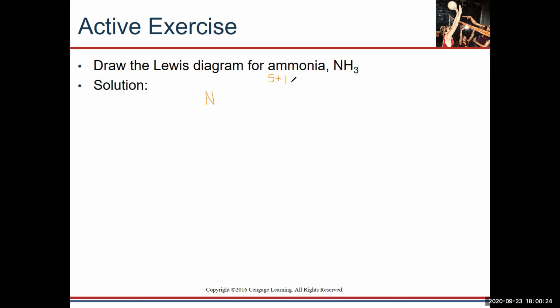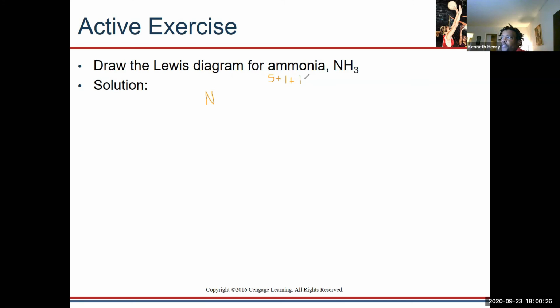Okay. So we have a total of 5 plus 1 plus 1, and that's a total of 8. So we have 8 electrons to work with. Who's going to be in the middle? Nitrogen. Okay.